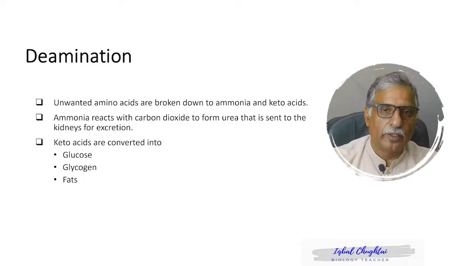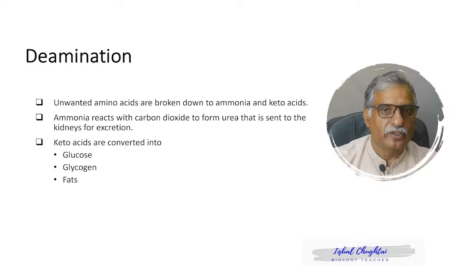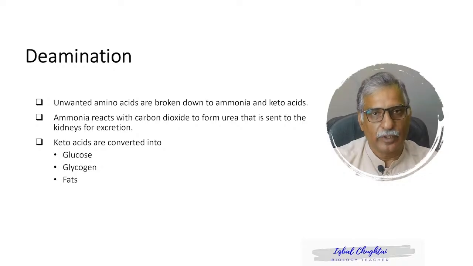Unwanted amino acids are broken down during the deamination process, resulting in the formation of ammonia and keto acids. Ammonia is highly toxic and needs a lot of water to expel it, to dilute it, to reduce its toxicity. As we do not have plenty of water, ammonia is immediately reacted with carbon dioxide to form urea.